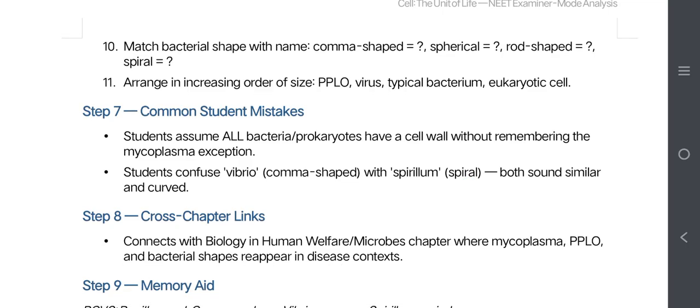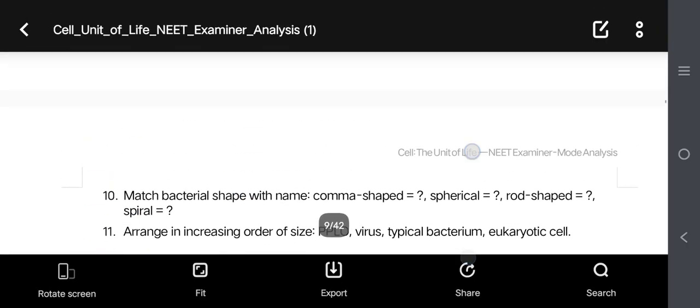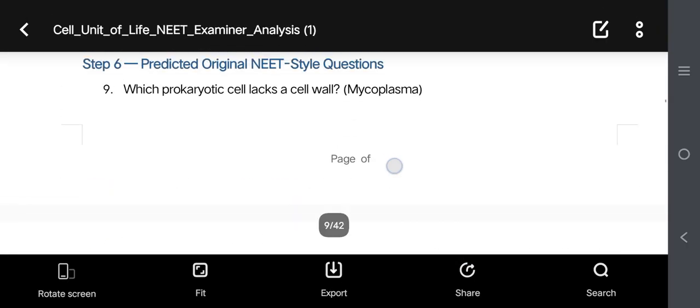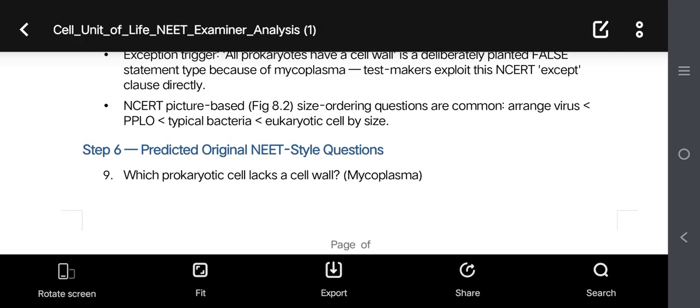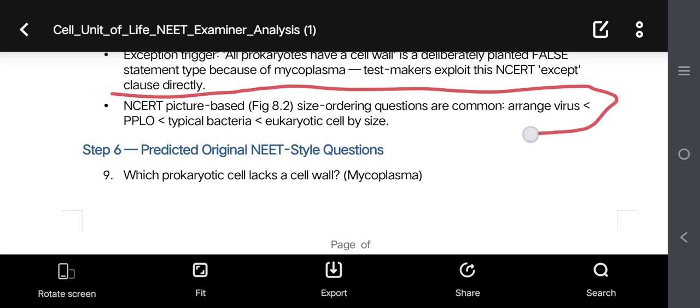Another is to arrange PPLO, virus, typical bacterium and eukaryotes in increasing order of size. Questions like these are also given by NTA.